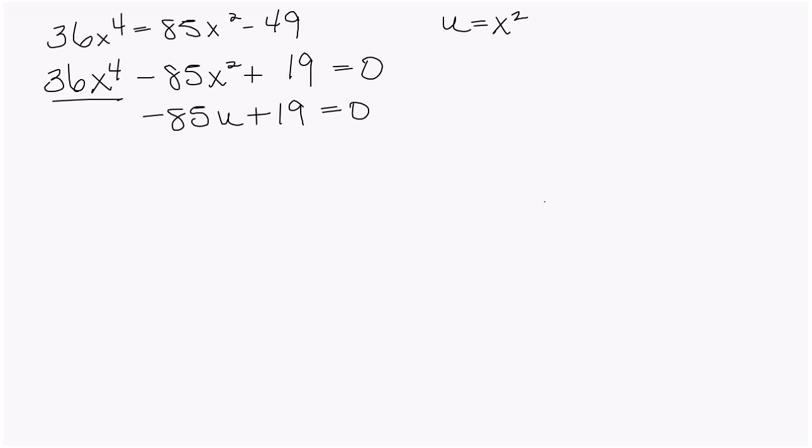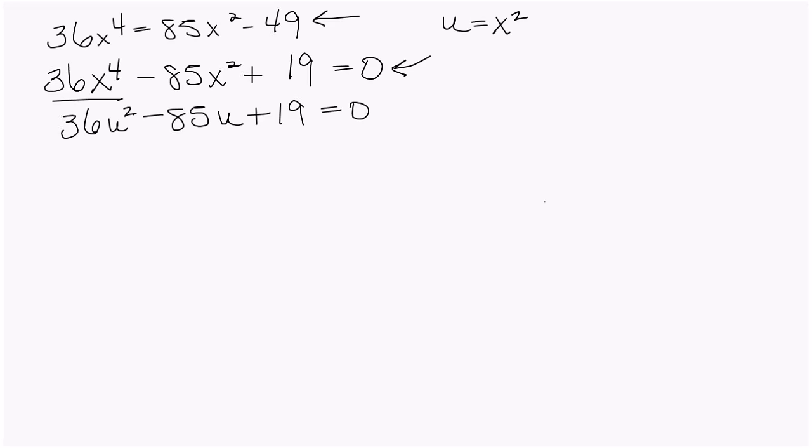And this 36x to the power of 4, sorry, u is equal to x squared, so this is going to be 36u squared. There we go. So what I've done is I've taken this equation and rewritten it so that we have a polynomial with our exponents in descending order.